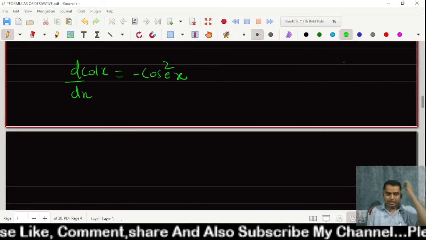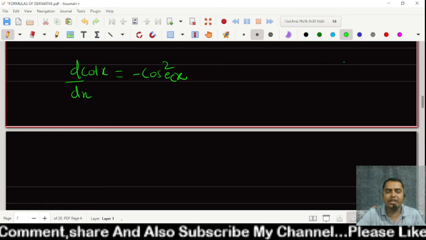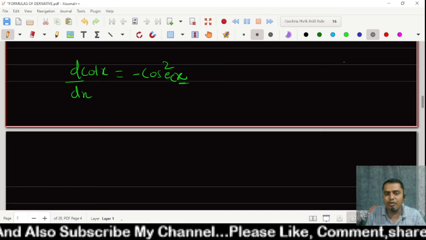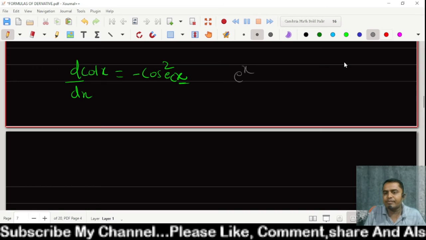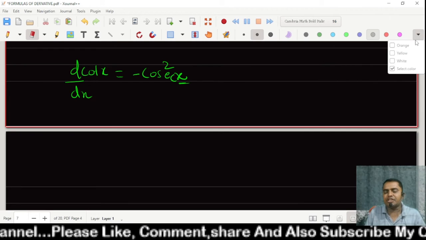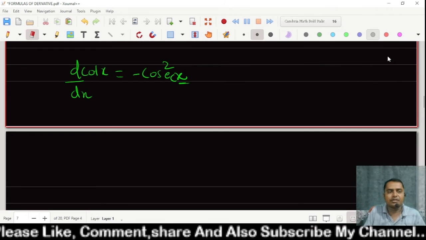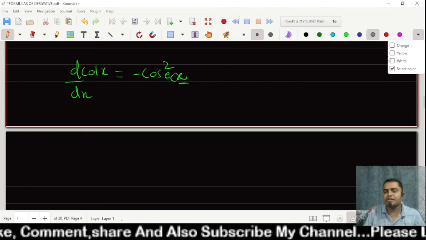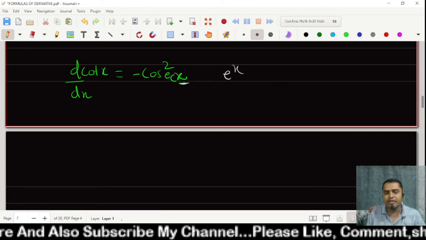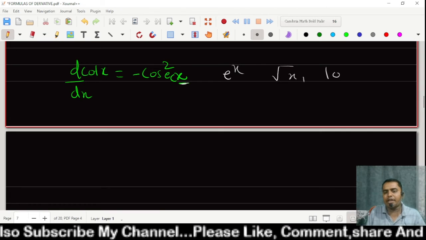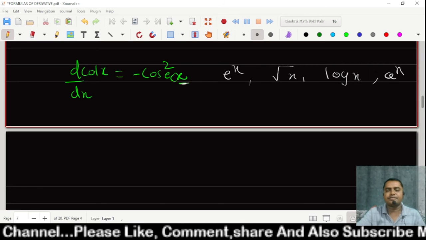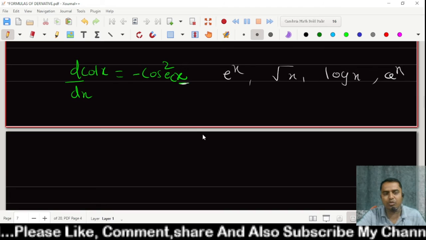Instead of this x, it may be given e raised to x, or root x, or log x, or a raised to x. So let us try to know how to use this one.